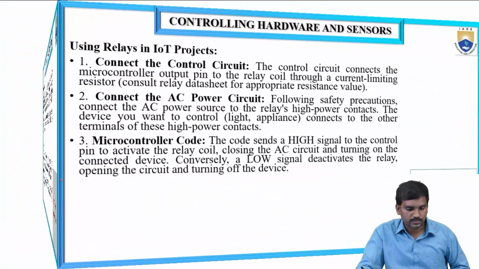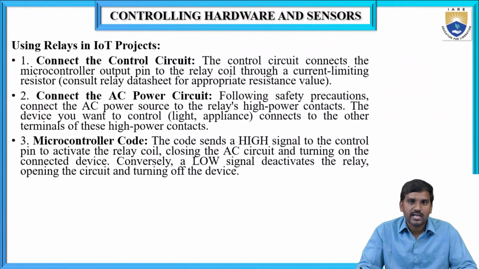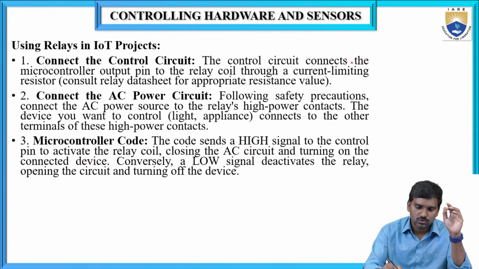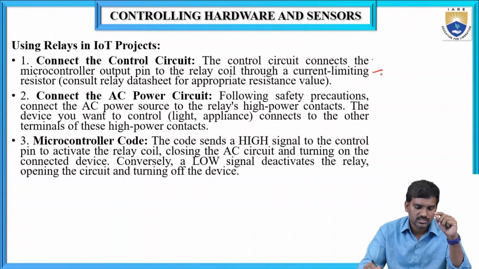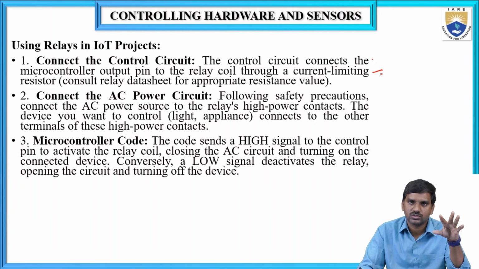Next one, using relays in an IoT project. The reasons we already discussed in the last slide: connecting the control circuit, connecting the AC power circuit, and the microcontroller code. So here the control circuit connects the microcontroller output pin to the relay coil through a current limiting resistor. That is connecting the control circuit.